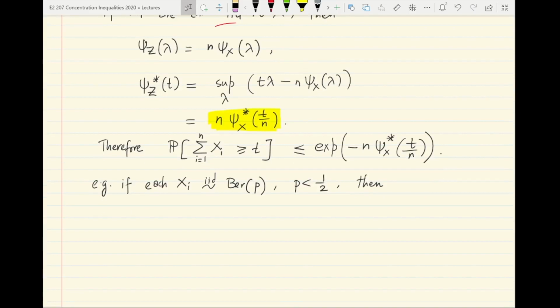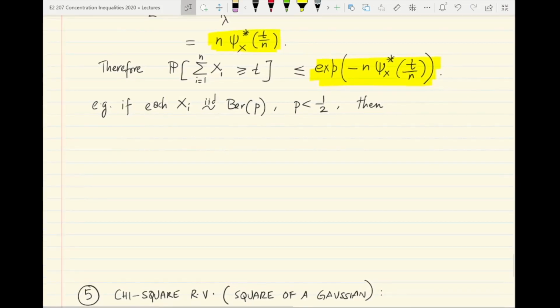Therefore, we have the Chernoff bound: the probability that the sum exceeds t is less than or equal to e raised to minus n times C_x star of t by n, where x represents any of the x_i's.